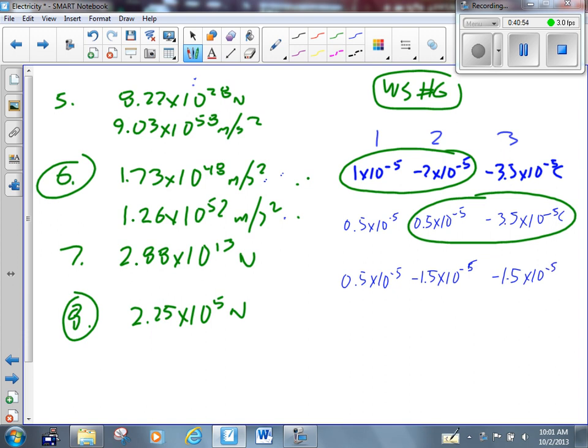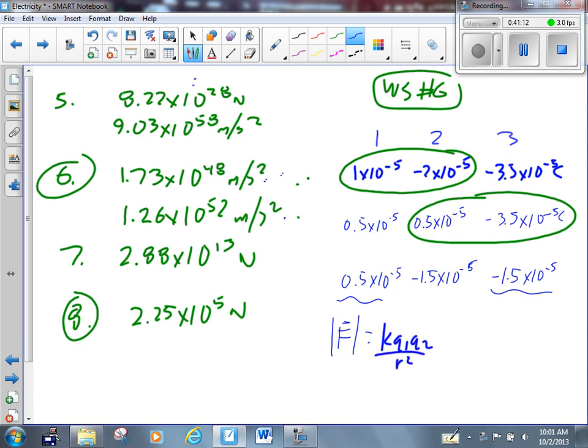Now we want to find the force that acts between charge 1 and 3. To find that force, we're going to say K Q1 Q3 over R squared.